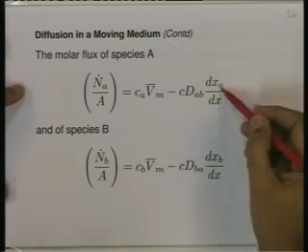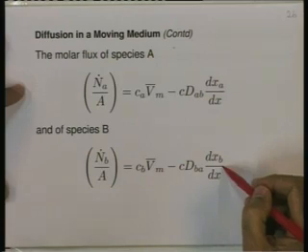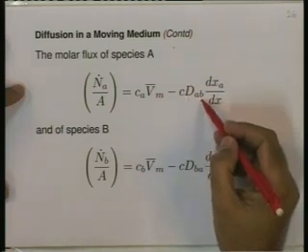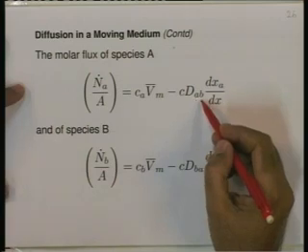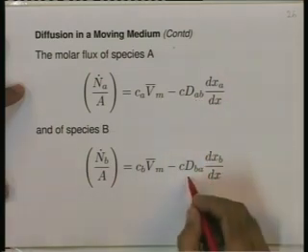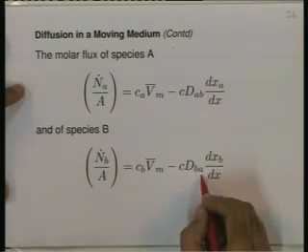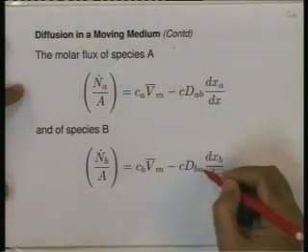The second term here as well as the second term here is represented using Fick's law of diffusion, and notice that in this equation it is D AB, the diffusion coefficient of A diffusing through B, and this is D BA, the diffusion coefficient of B diffusing through A. We will soon come across a very useful relationship between D AB and D BA.